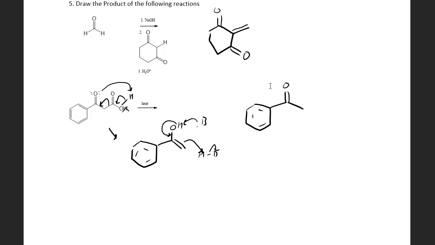Now let's go back and look at the mechanism above. So I'm going to make another page here. So for that mechanism, we had our cyclohexanedione ring, and we had a proton right there, and we had a base, NaOH, and we had formaldehyde, 2 hydrogens.